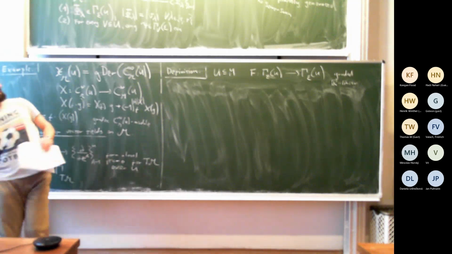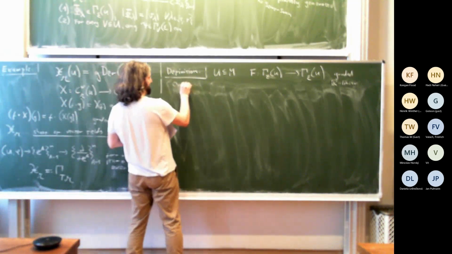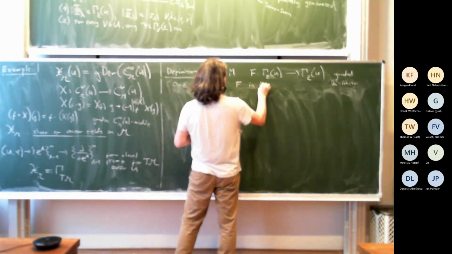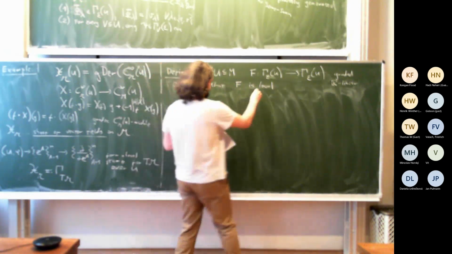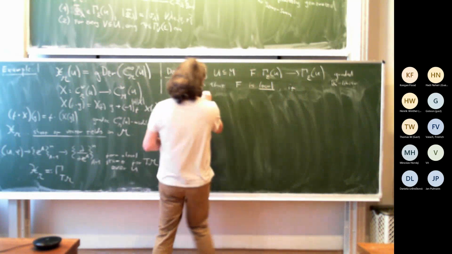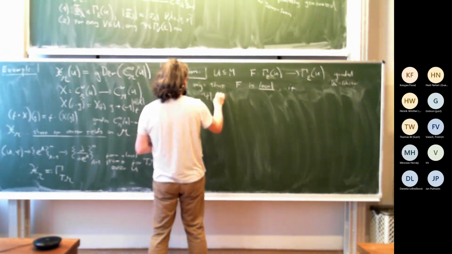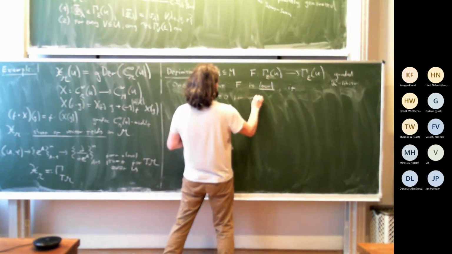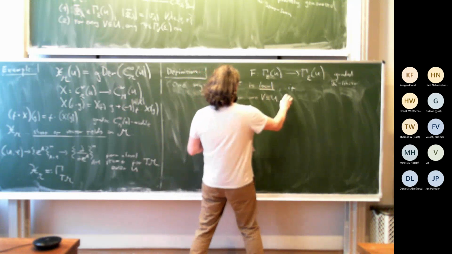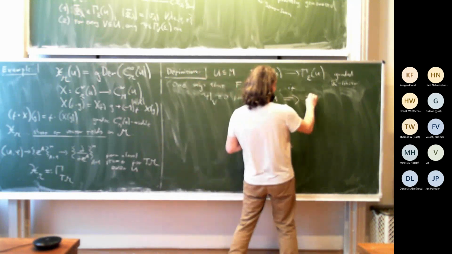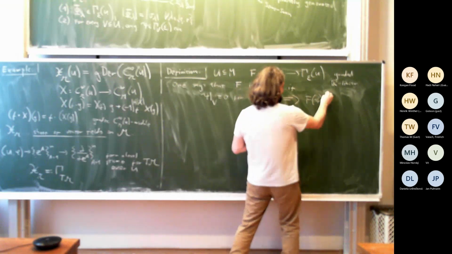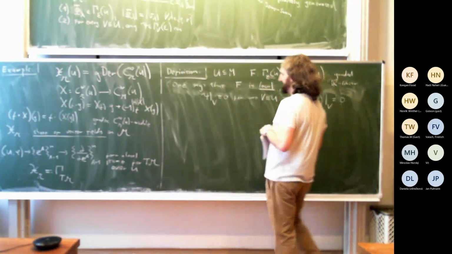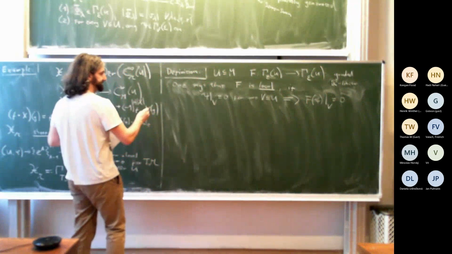And one says that F is local if, whenever some section psi vanishes on some open subset V of U, this has to imply that also the image of psi vanishes on V. So this is what I declare to be a local operator.